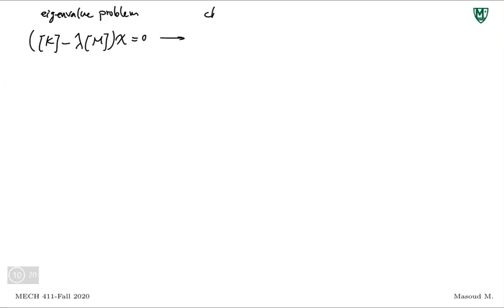Now the characteristic equation can be found by finding the determinant of K minus lambda m and making it equal to 0. We can do that. We have everything we need.